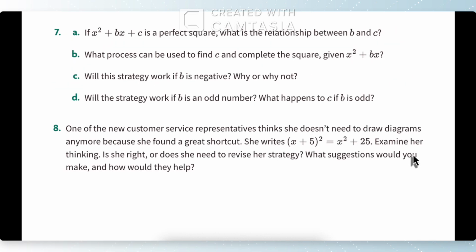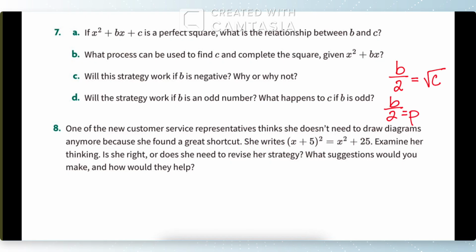For 7, notice if ax squared plus bx plus c is a perfect square, what's the relationship between b and c? B cut in half would be equal to my square root of c, right? Because b cut in half is p, and our p squared is equal to our c.